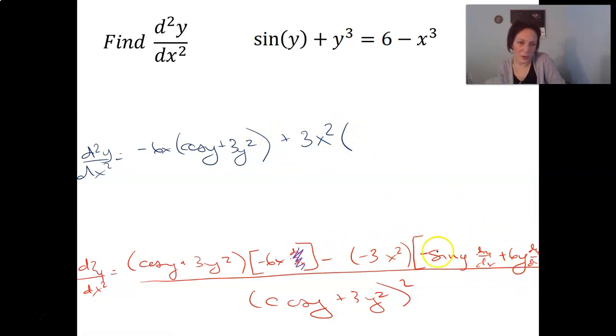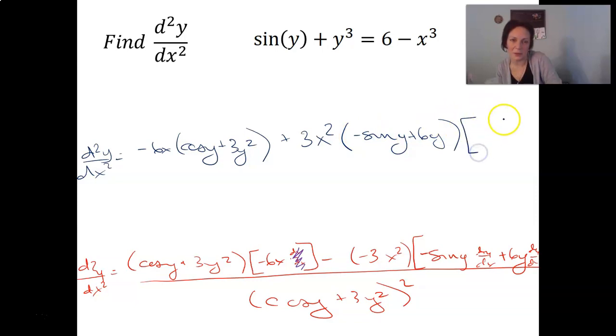And what I'm going to do here is I'm going to factor this dy dx out so I only have to write it once, just to make my life easier. Negative sine y plus 6y. And then I need to put my dy dx in here. So dy dx was negative 3x squared over cosine y plus 3y squared.